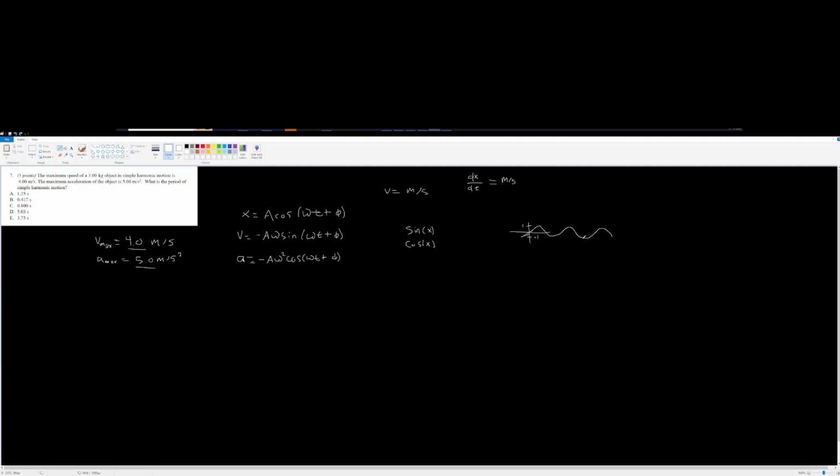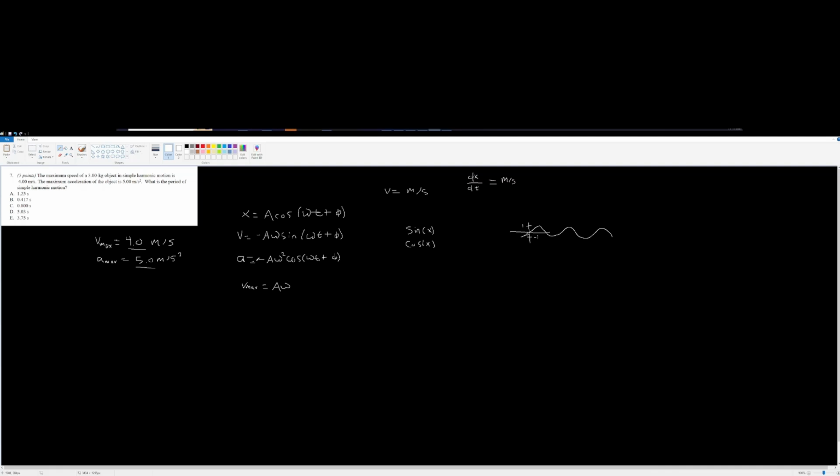They both have a maximum amplitude value of 1 or negative 1. So the velocity here is going to have a maximum value whenever this sine equals 1 or negative 1. So we'll just assume negative 1, and we'll say that v max equals A times omega.